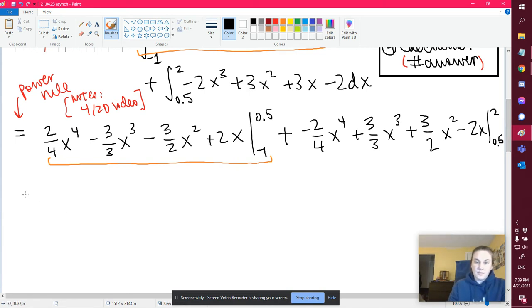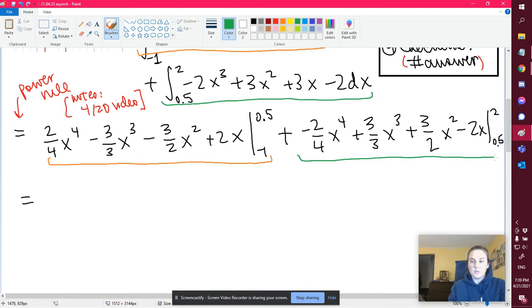Great. This is where I actually just go nuts and plug this in. I'm going to put this here so you know exactly what's going on. The orange one becomes, and I'm going to simplify these as we go, 2/4 is 1/2, 3/3 is 1, 3/2 is already simplified.